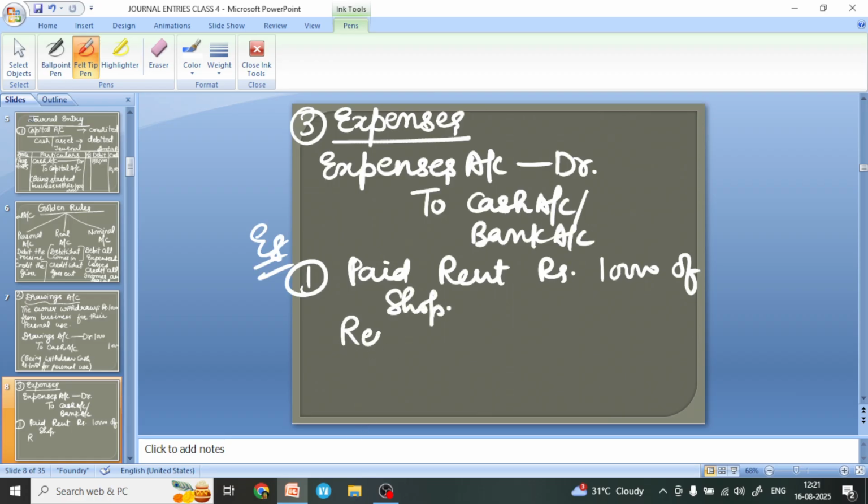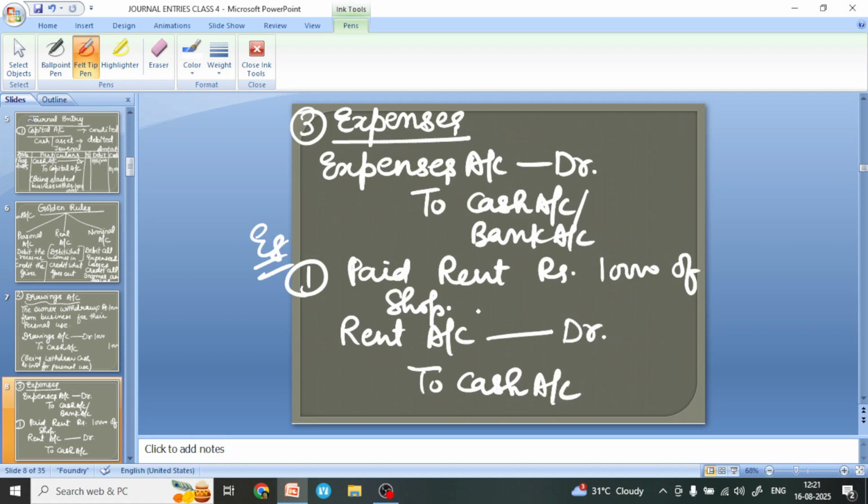Entry will be rent account. Rent is an expense, so rent account debit to cash account, because here it does not mention whether it is cash or bank, so we will take cash 10,000. This is the entry of expenses.